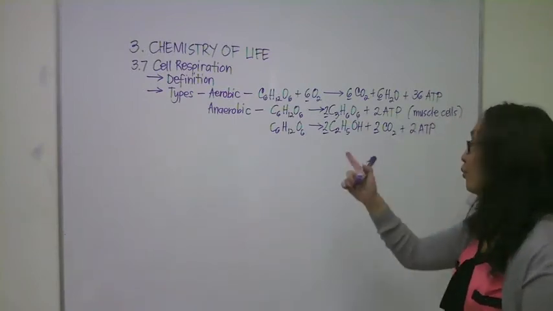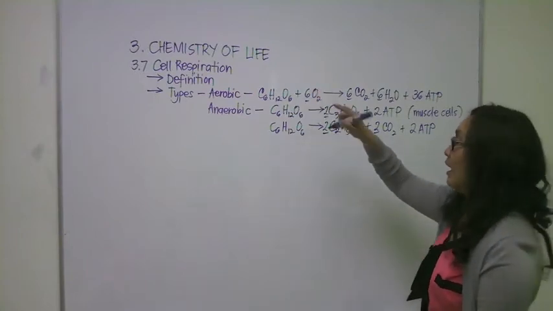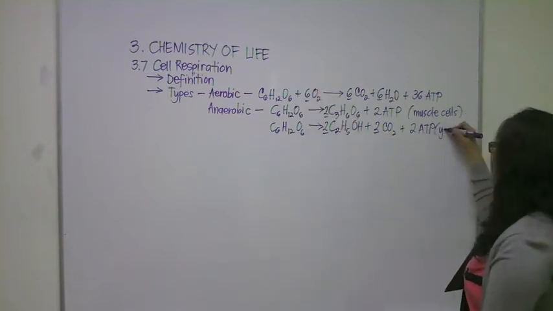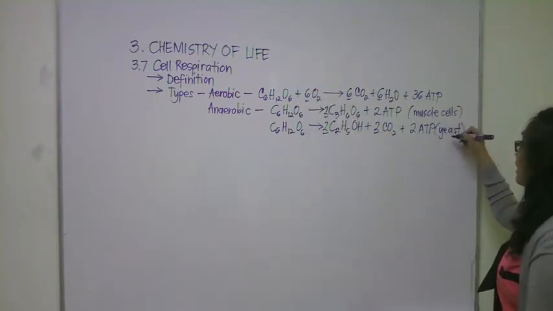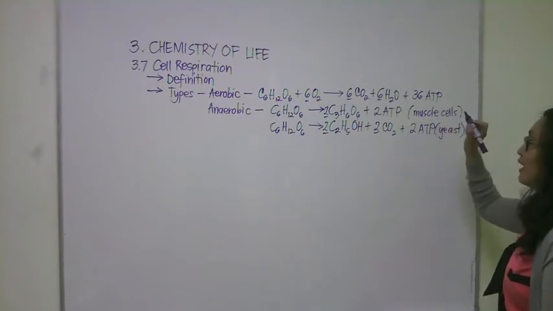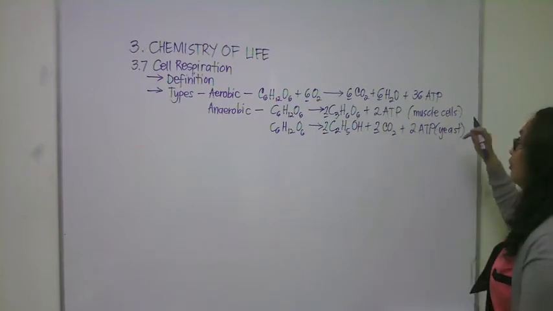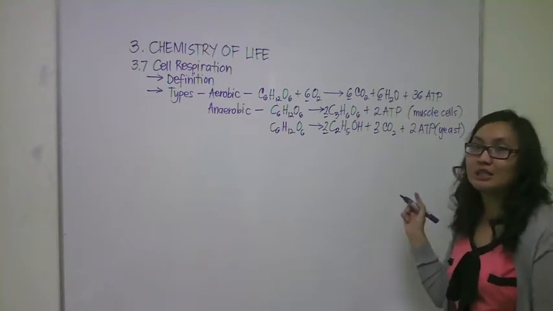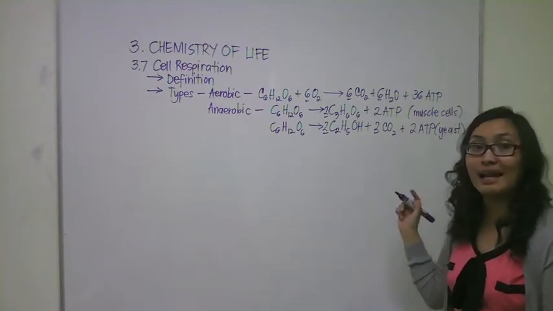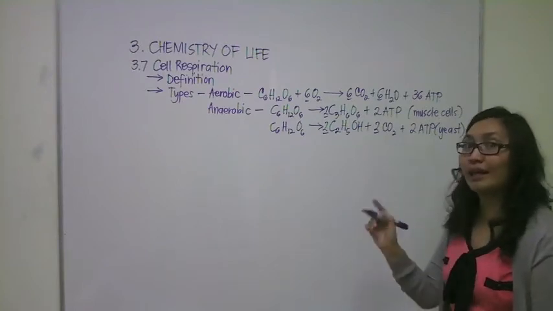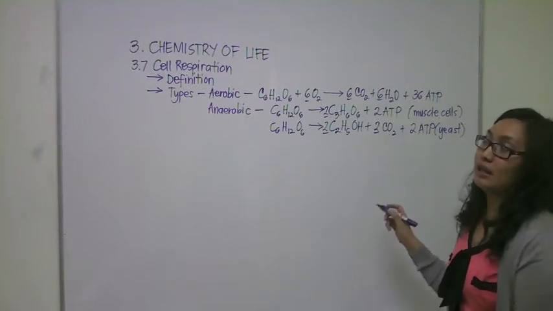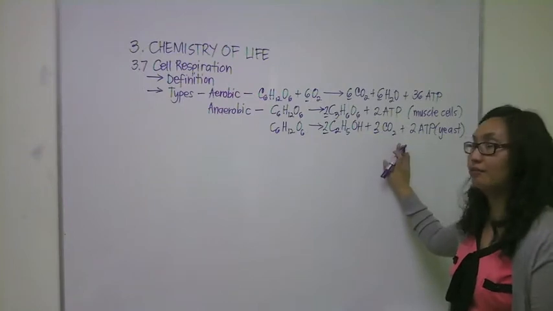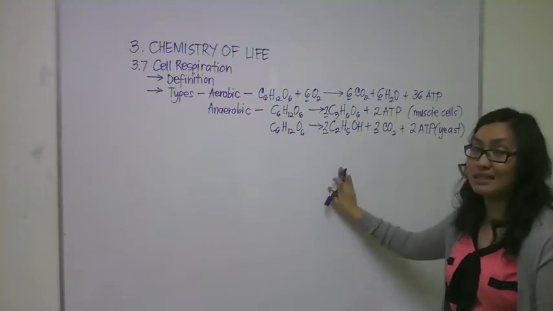We can point out that the number of ATP molecules in both muscle cells and yeast cells is the same, because the anaerobic respiration occurring in both cells is the same. They both undergo glycolysis only. That's why their product of ATP molecules is the same.